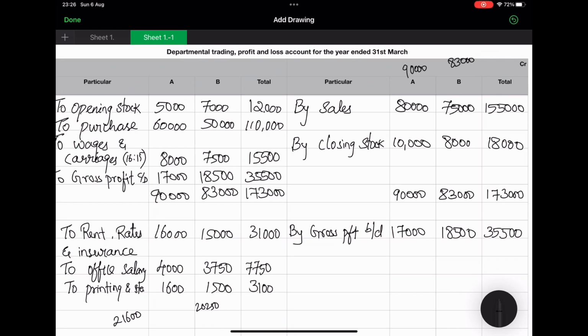So if we compare, the gross profit is 17,000 for A and for B 18,500. So by this we can recognize as the company sustained loss because the expenditures are more than the gross profit, isn't it? So I'm going to write 21,600 and 20,250.